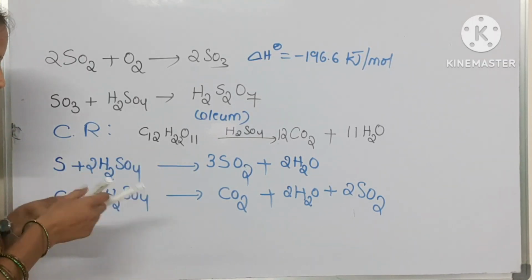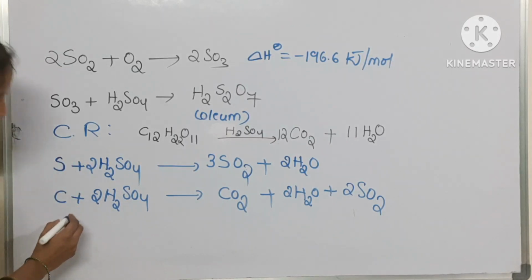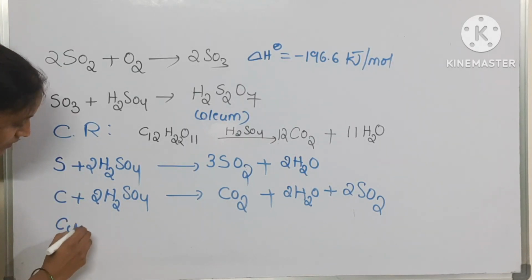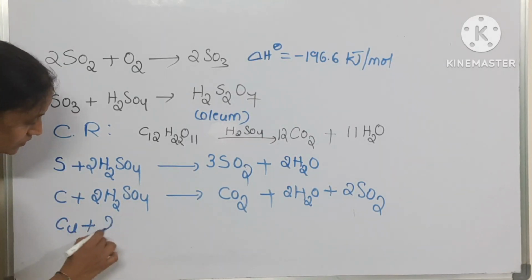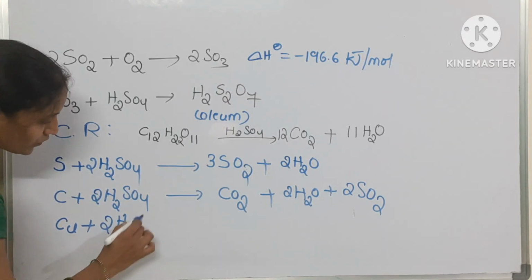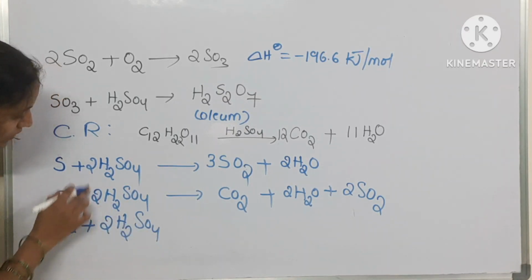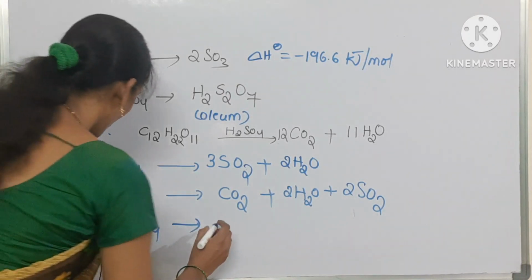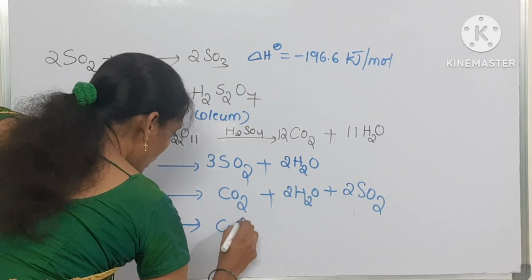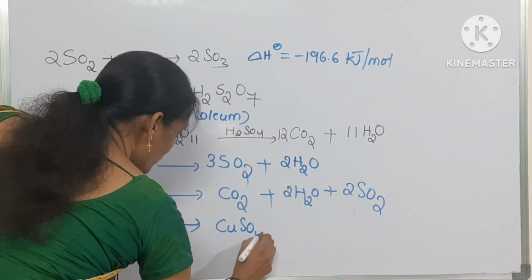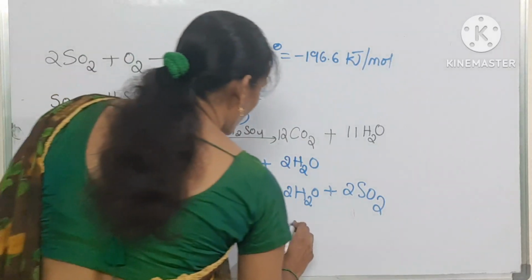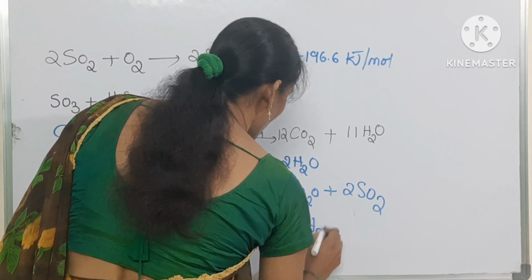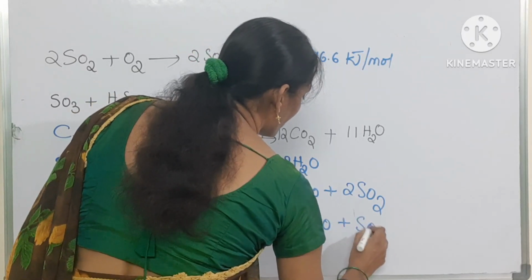You can take one example for a metallic reaction. It oxidizes metals also. Copper reacts with sulfuric acid H2SO4. Listen here, in all these 3 cases we need to take concentrated sulfuric acid. Copper converts into copper sulfate CuSO4, then 2 moles of H2O, and also sulfur dioxide.